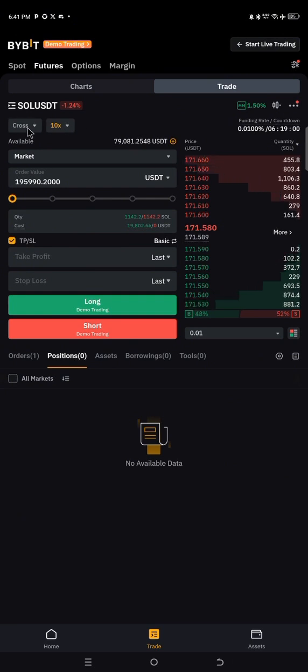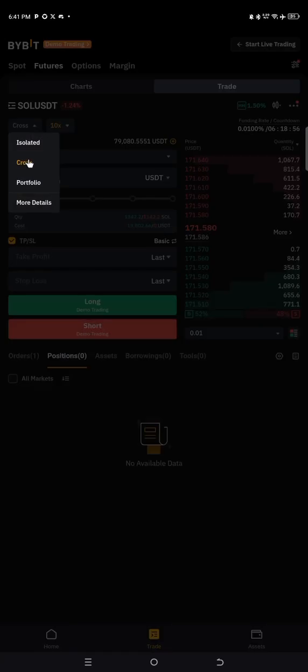And cross and isolated. This cross here: if the market goes against you and liquidates you, it will affect everything you have in your available balance, in your trading balance. But isolated, they only take the amount you entered the market with.